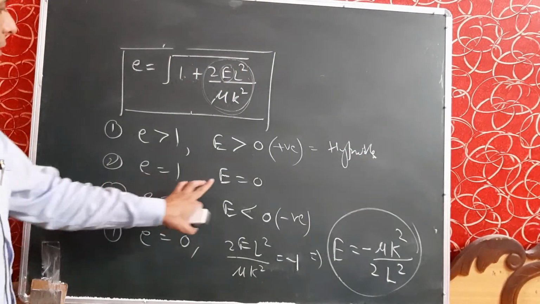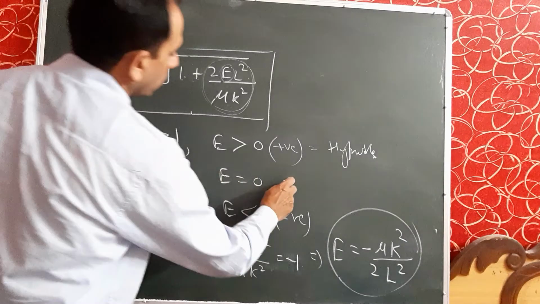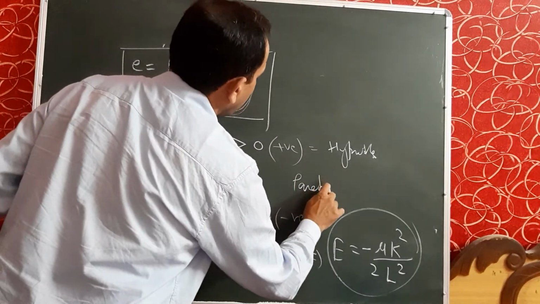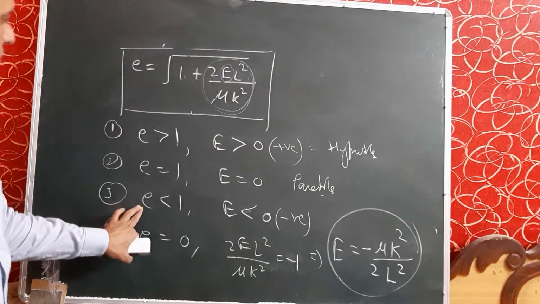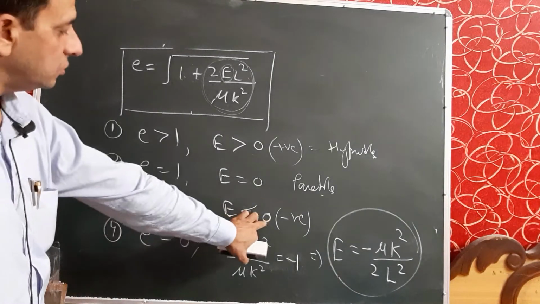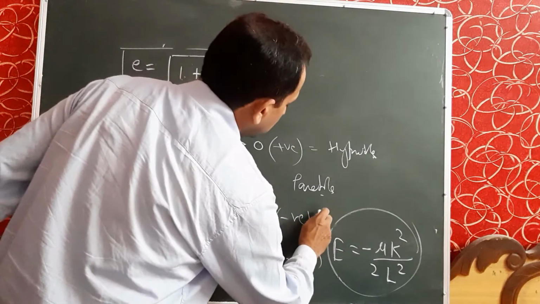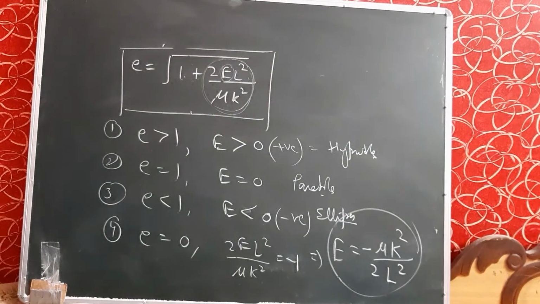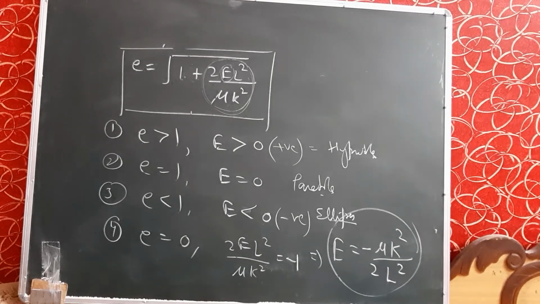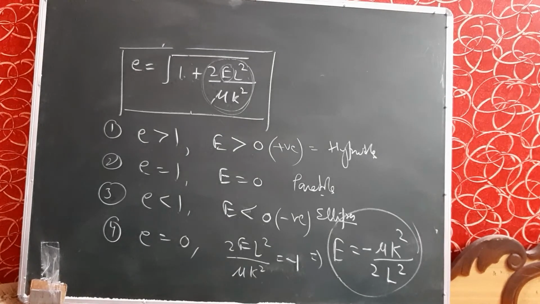If energy is 0, then the path followed is a parabola. And if eccentricity is less than 1, or energy is less than 0, that is negative energy, we get the equation of an ellipse, so the particle moving under inverse square force follows an elliptical path.